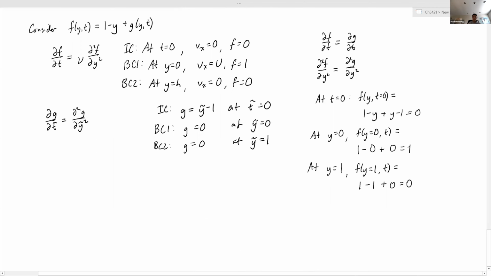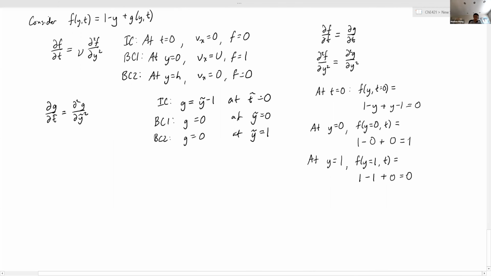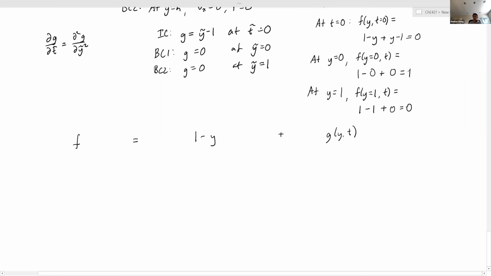What we have is basically f is equal to 1 minus y plus g of y of t. Okay? 1 minus y looks like this. That's the flow profile at steady state, right?